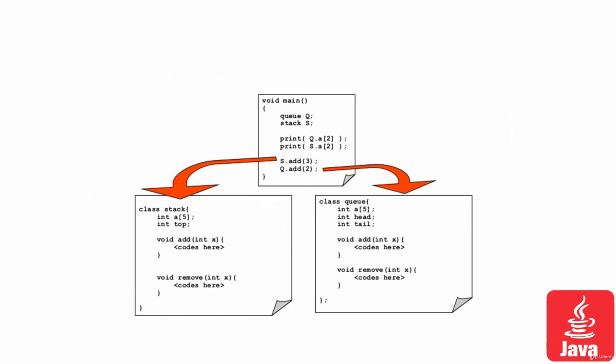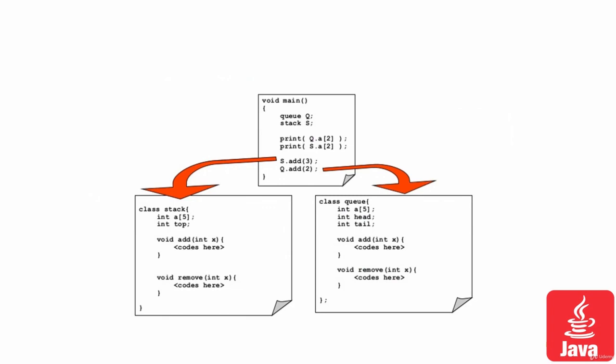Remember this thing: in the main method, we have created an object called capital Q for the class Q and the object for stack as capital S, that you can see above. It is the format of declaring objects of a class. Then we can access the methods and variables directly of those classes using the objects of the same class.